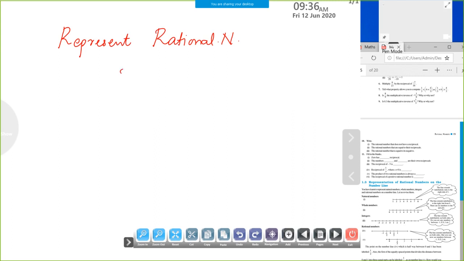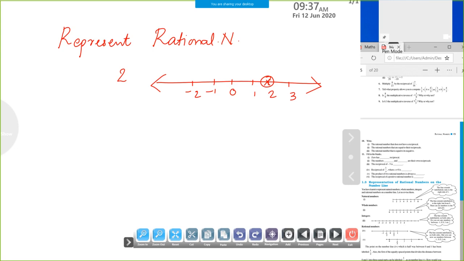If I ask you to mark the number 2 on the number line, all of you draw the number line and mark 0, then with equal width mark the other numbers, and we can mark the number 2 on the number line. This represents 2 on the number line. Now, how many numbers are there on the number line? There are an infinite number of numbers which can be represented on the number line. All the numbers can be represented on the number line.